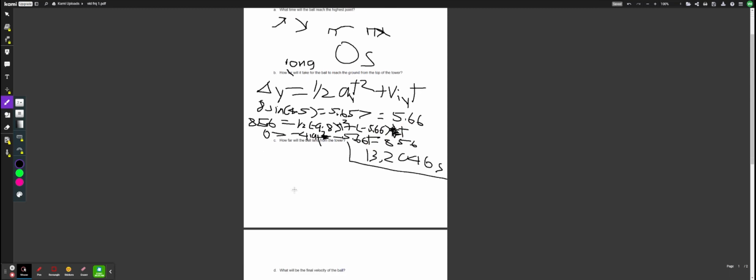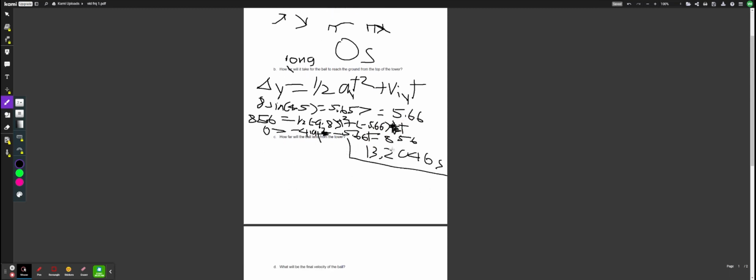All right, how far will the ball land from the tower? Now that we have the amount of time it's in the air from part B, 13.2046 seconds, we can find out what it was traveling in the x direction, since the x velocity is the only one that matters for how far it will travel from the tower.